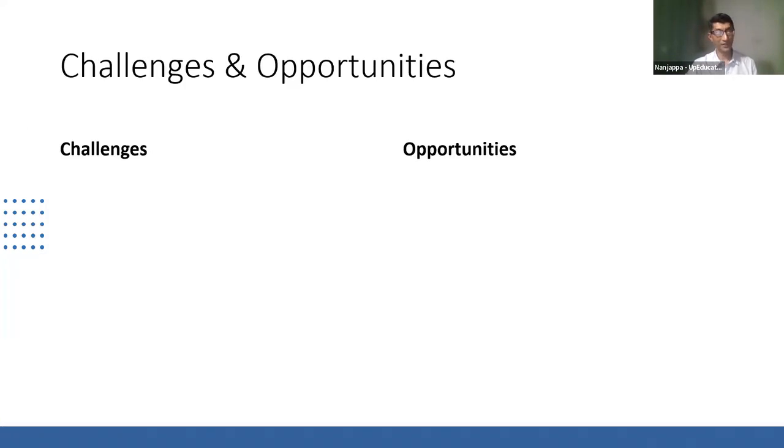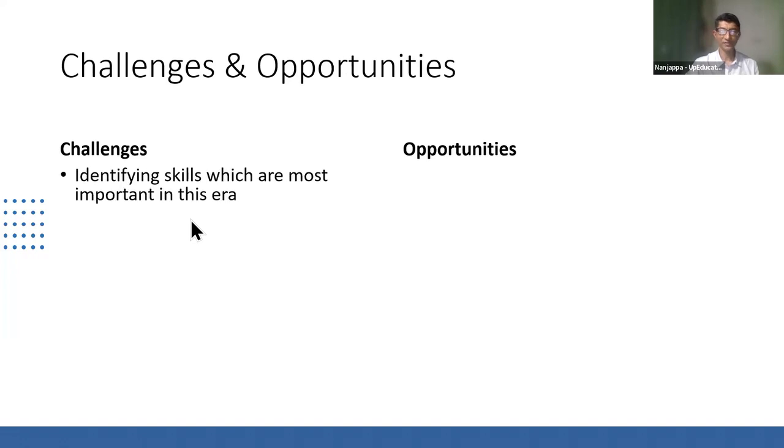Now, with regard to AI, there are challenges and there are opportunities also. So let's look at a few of them. One of the challenges is identifying the skills which are most important in this era. We all know that rote learning is out. Now, preparing students for jobs that don't yet exist, how do we do it?